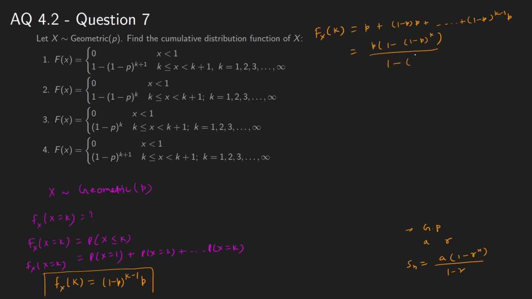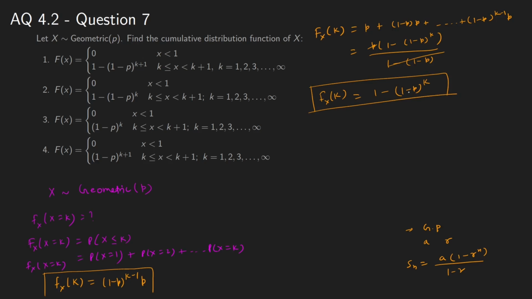In our case, the denominator will just become p, and it will cancel out the p in the numerator. So finally, we will have 1 minus p raised to the power k. So this is the CDF value at some point small k for a geometric random variable.